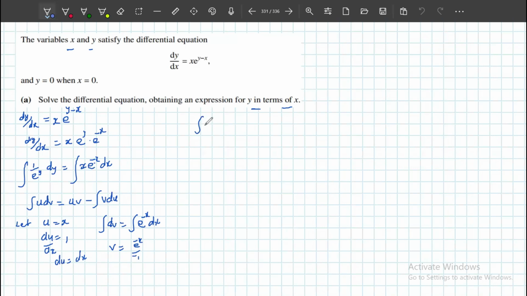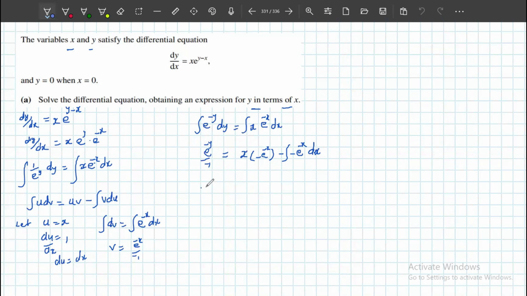So here we have integration e power minus y dy is equal to integration x e power minus x dx. The left hand side is very easy: e power minus y over minus 1 is equal to, on the right hand side, we can use the integration by parts concept. My first function is u, which is x, and the second v is minus e power minus x, minus integration of v, which is minus e power minus x dx.